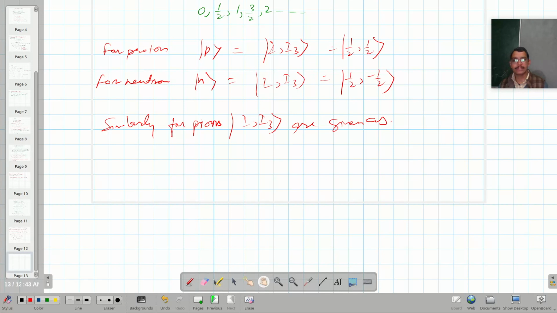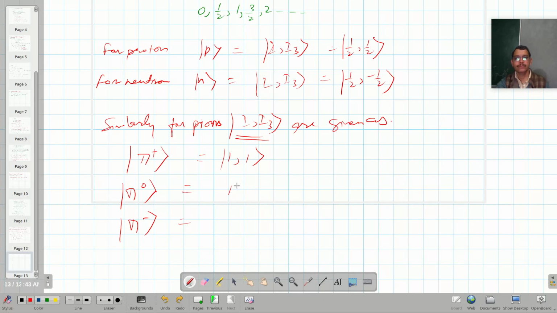For pi plus, pi naught, or pi minus, the state vectors are 1 1, 1 0, or 1 minus 1, right?